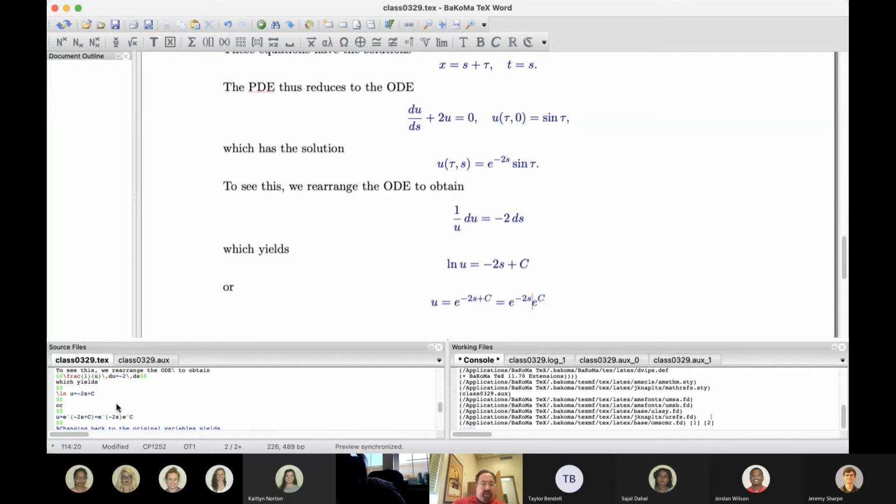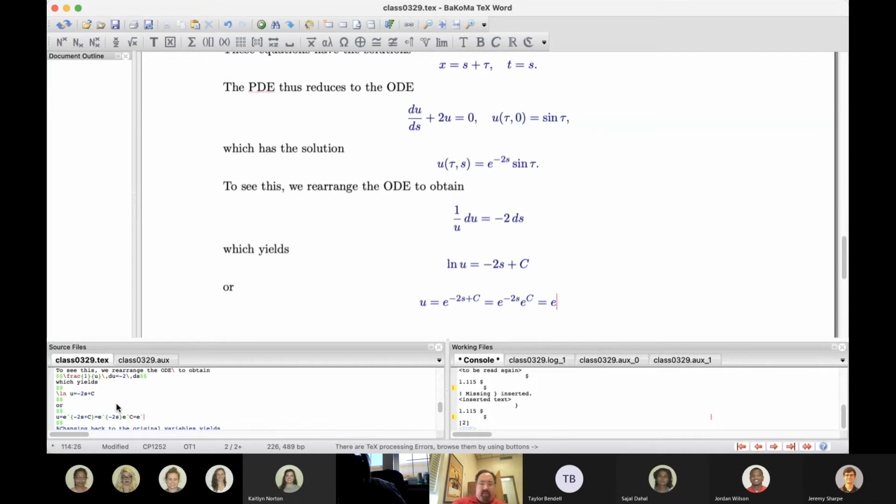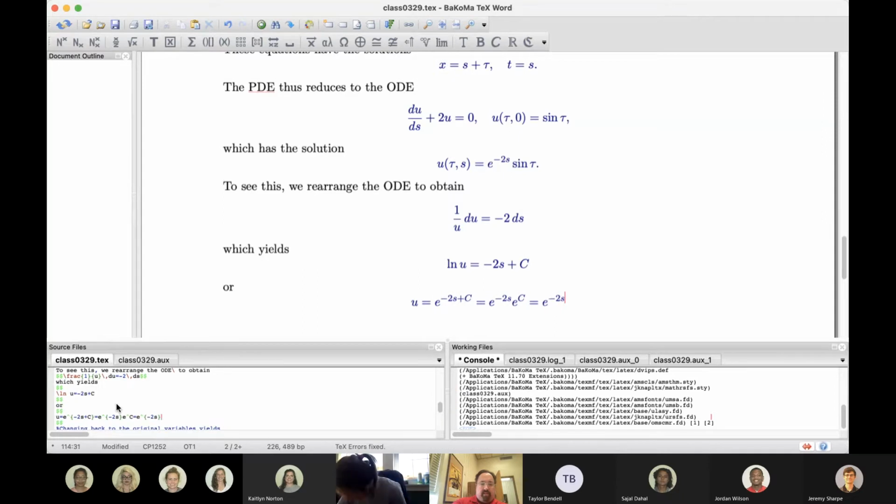But I can call that c tilde, because this is an arbitrary constant, therefore this is also an arbitrary constant. To find out what the arbitrary constant must be, you can set s equal to 0, and you just get c tilde, so that must be equal to sine tau.